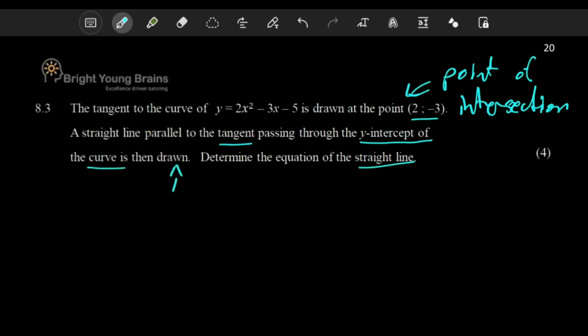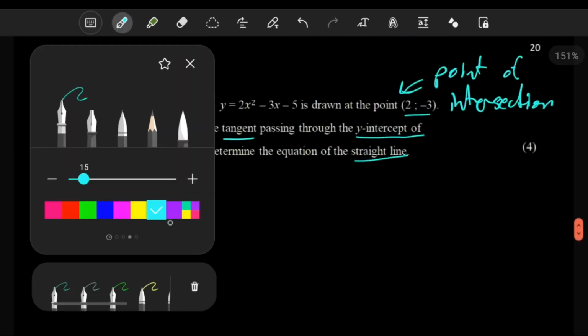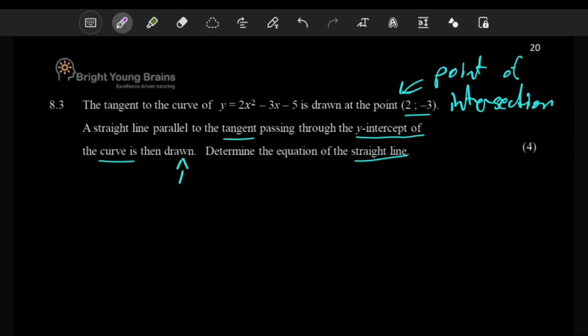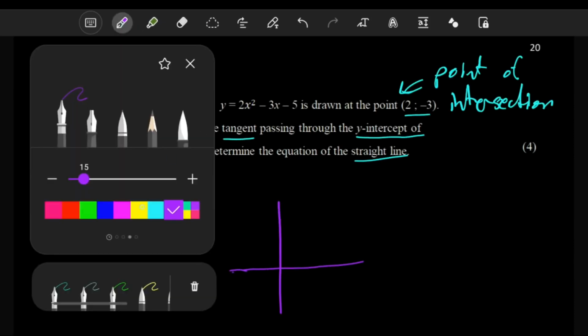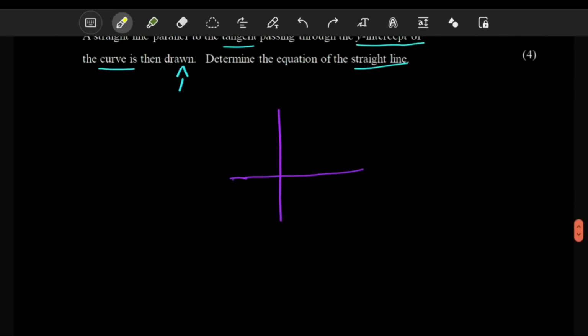Wow. Yeah, this kind of a question, I think drawing images is going to help you. Otherwise, yeah. So this is clearly a smiling parabola where the y-intercept is like a negative 5, you see. So let's just draw a negative 5 over there. No, bro. Negative 5 is down here, man. Negative 5.